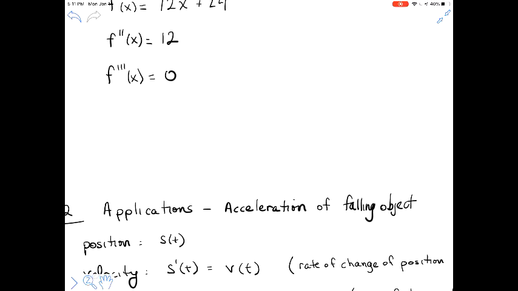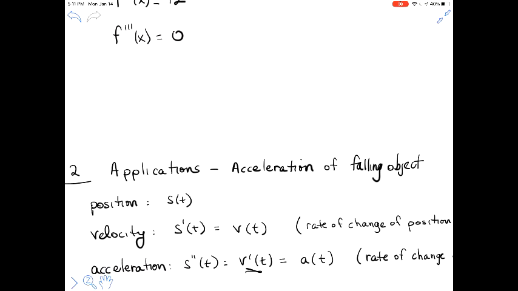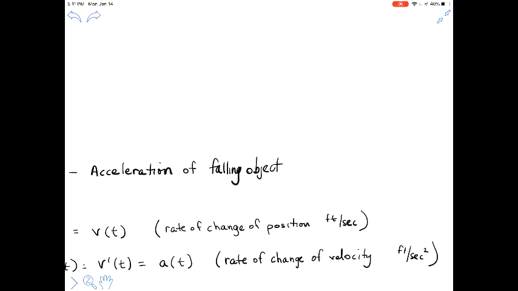So if you took the derivative of velocity, that would be the second derivative of position. You'd end up with acceleration. So acceleration is the double or second derivative of position. It's the first derivative of velocity, and acceleration represents the rate of change of velocity in feet per second squared.